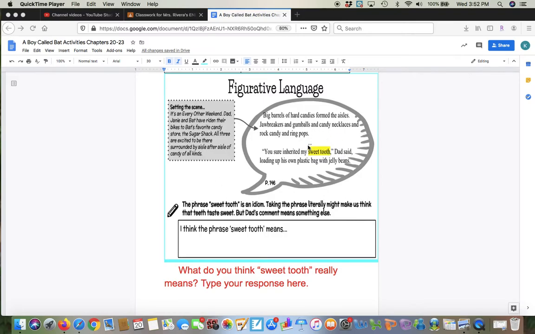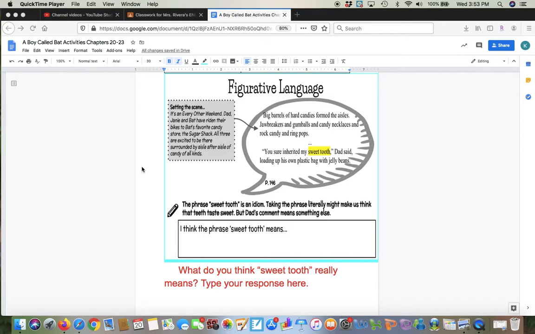Now, an idiom is something that you might think means one thing, but it really means something else. So, like if I said, "Oh, it's raining cats and dogs outside," I'm not really saying that outside cats and dogs are flying from the sky. I'm saying that it's raining a lot. So that's an idiom.